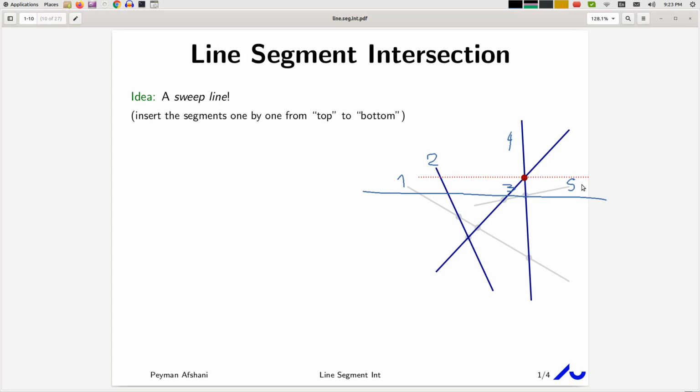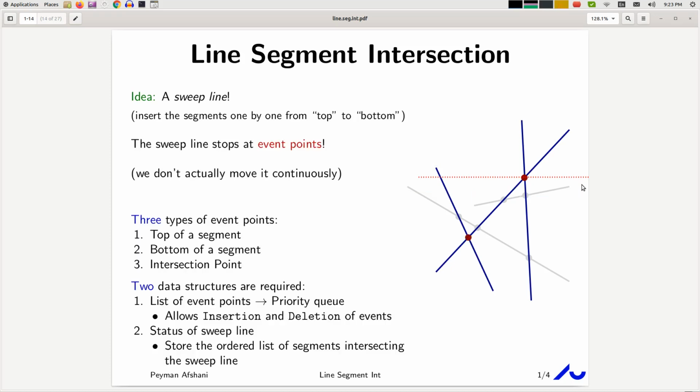These numberings are not necessarily explicit, but what we need from this data structure is to be able to find the next and the previous, and to be able to do some searches. I'm going to talk about this structure later on. But so far, these are the two data structures we need. Those are the ingredients, and in the next video I'm going to talk about how we use them to solve this problem.